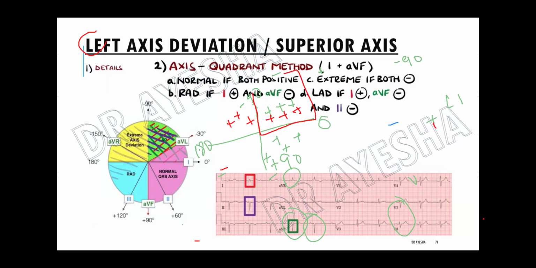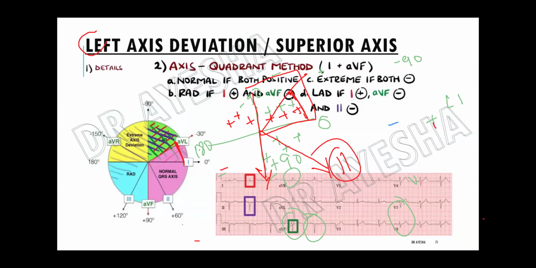You all agree with me. But in this quadrant, not only the left axis is residing, a little part of the normal is also there. So along with the AVF, which is on the negative side, you have to look at lead 2 as well.